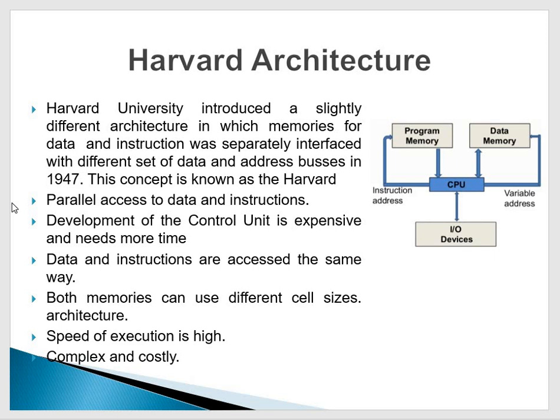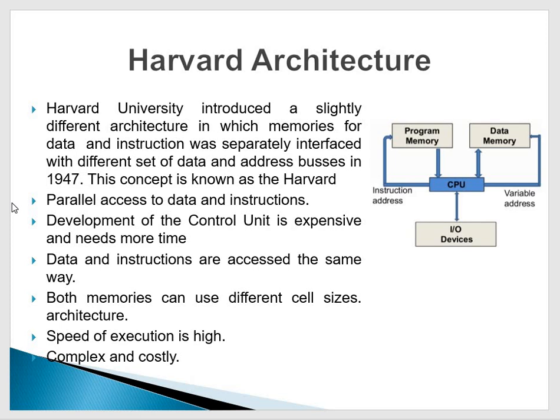Next, the development of the control unit is expensive and needs more time. As we can see, there are two different sets of address and data lines. So the control unit we have to develop to interface the external memory, either data or program, will be interfaced to the two different sets.